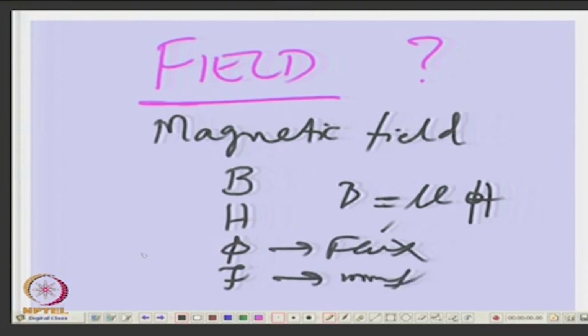So, forward rotating field is very much a misnomer. What is it, that field? Is it a flux which is rotating, or is it the MMF that is rotating? Okay. What is rotating? Are both rotating? In the air gap, what do you mean by rotating field?